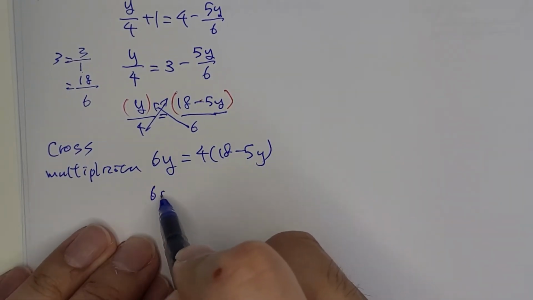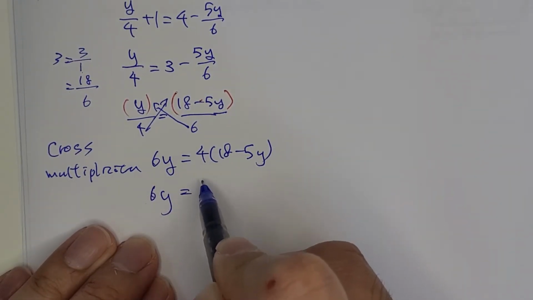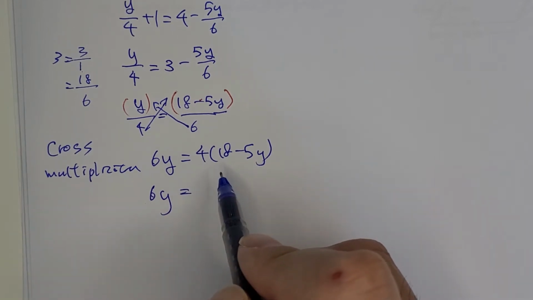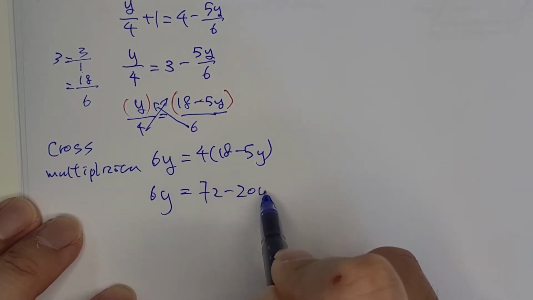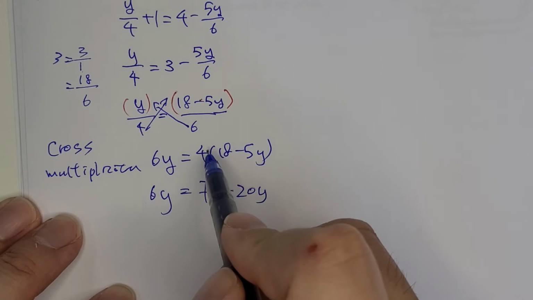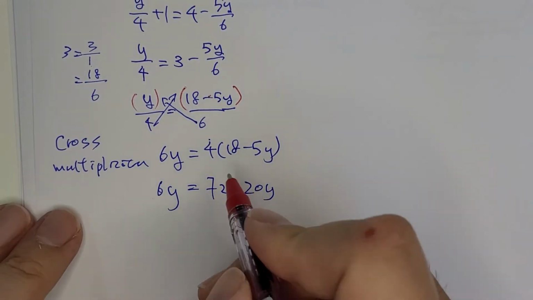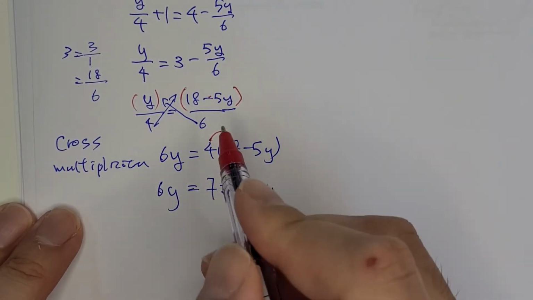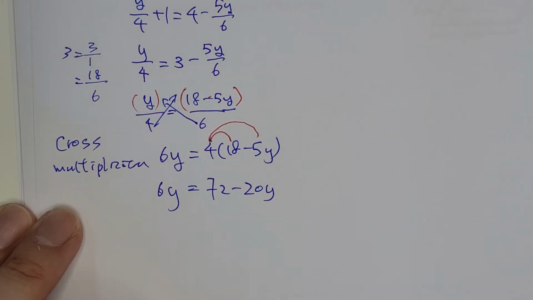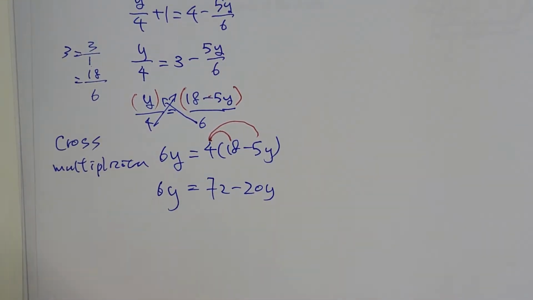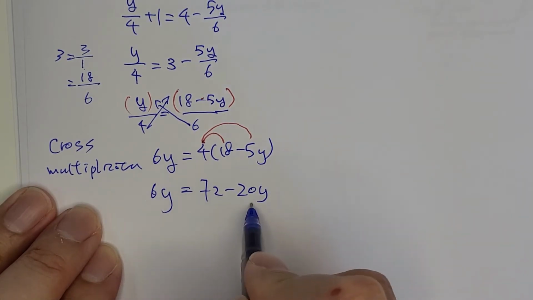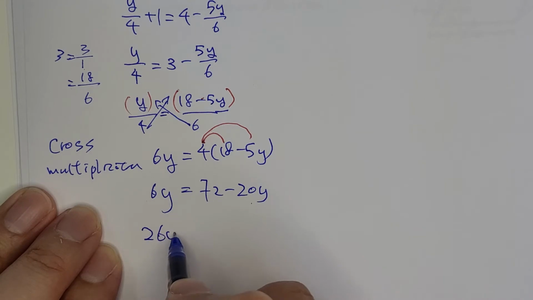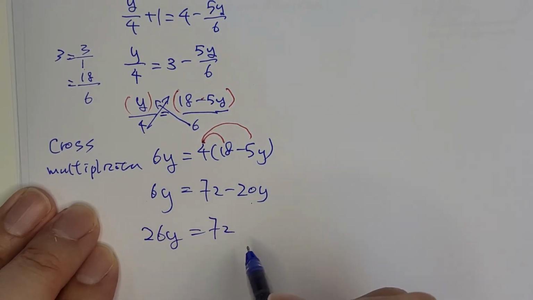And now 6y equals 4 times 18, which is 72, and then minus 20y. Remember, 4 should multiply inside to both 18 and negative 5. Okay? For this negative 20y, move to the other side, it becomes positive 20y. So in total 26y equals 72.